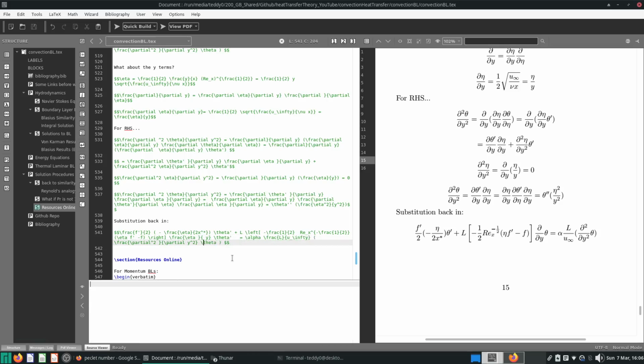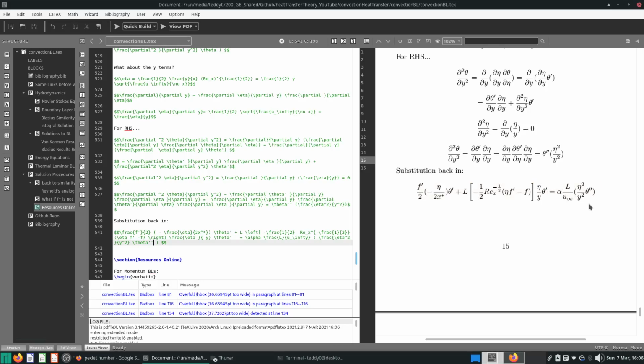The other one becomes y square at the bottom, eta square on top, and theta will become a double prime, because as per what you see over here. All right, good.